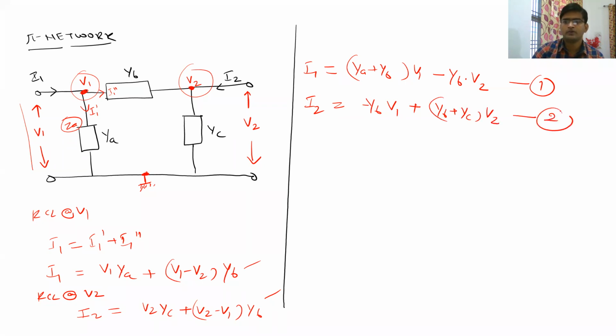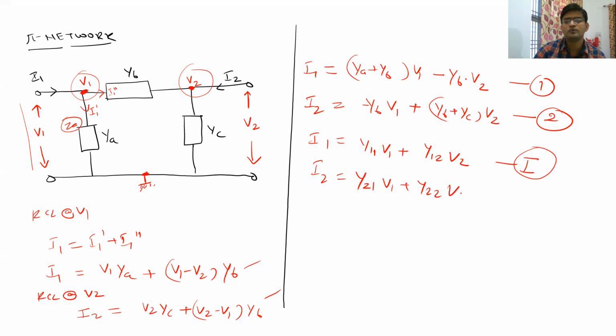So this is going to be your equation 2. So on comparing this equation 1 and 2 with the standard Y parameter equations, which is I1 is equal to Y11 V1 plus Y12 V2, which was equation 1, and I2 is equal to Y21 V1 plus Y22 V2, which comes out to be equation 2.